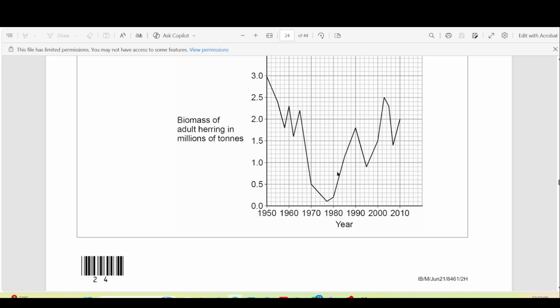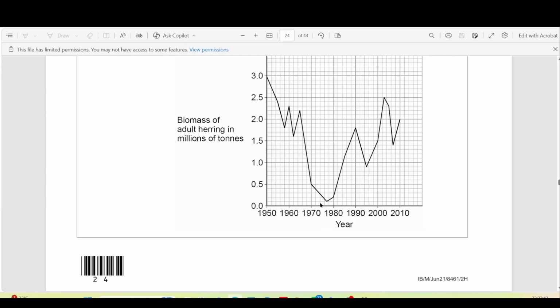Biomass again rose significantly around 1990. You can write around 1.7 million, I think 1.8 million tons.